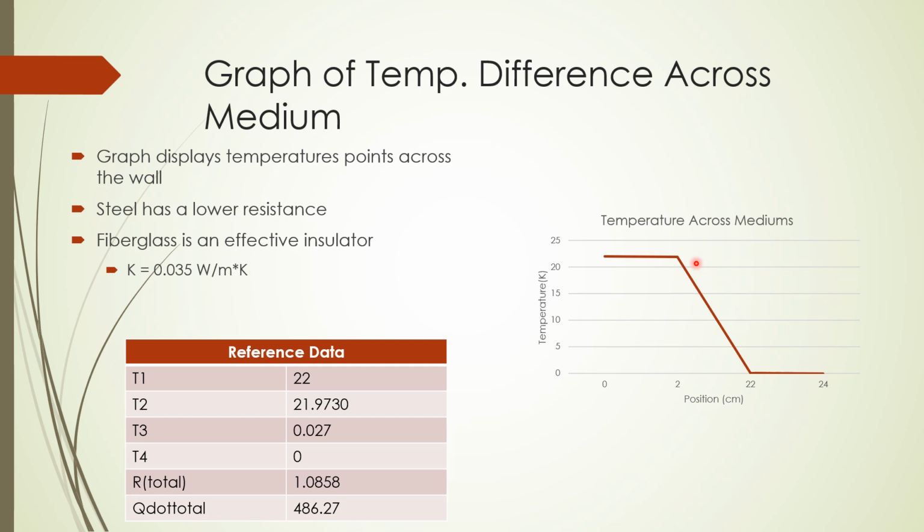You can see the big drop between the two steel plates where the insulation and the steel bars are, right here. And you can see the reference data over here in the bottom left-hand chart. It gives the temperature at each spot, total resistance, and the Q dot total across the whole wall.